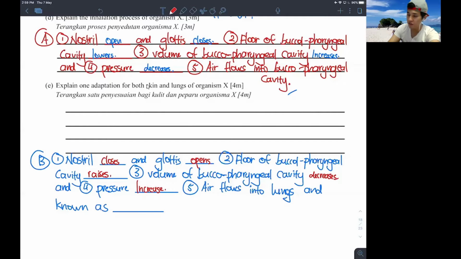So you say air flows into the lungs, and this process is known as what? Remember, what's the process of air flowing from the buccal pharyngeal cavity into the lungs called? It is known as lung ventilation.